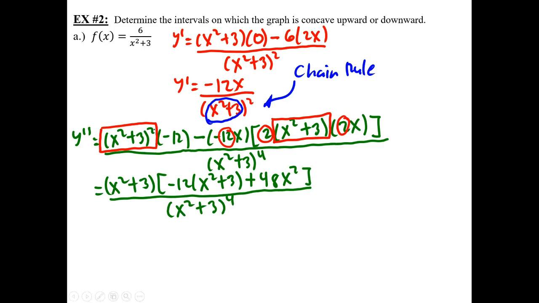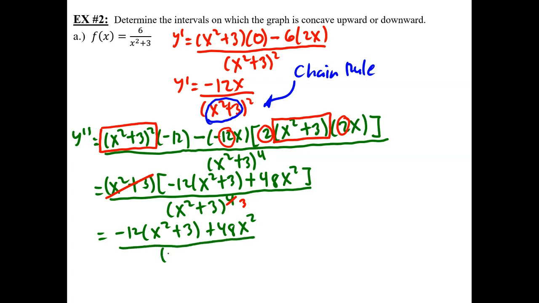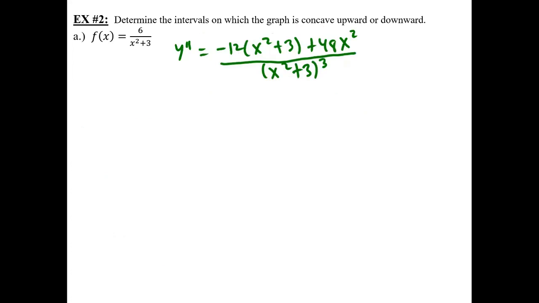We have a common term on top and at the bottom, so we need to cancel this. This 4 will become 3 instead. So we have negative 12 times x squared plus 3 plus 48x squared all over x squared plus 3 cubed.